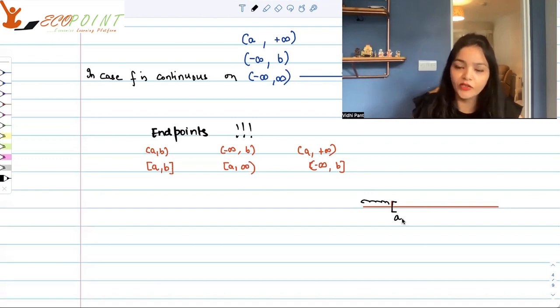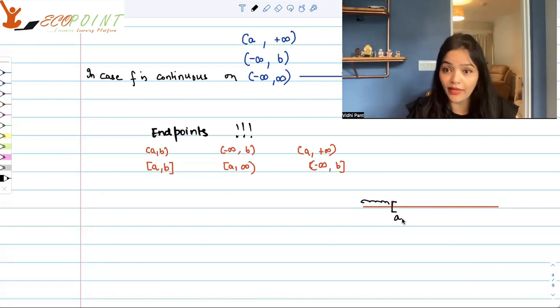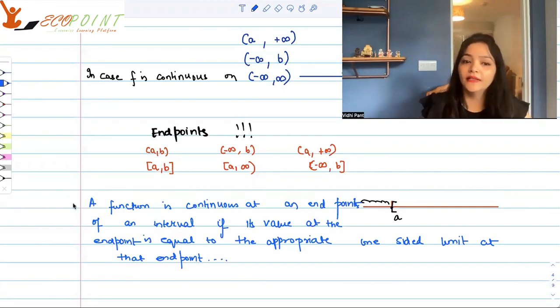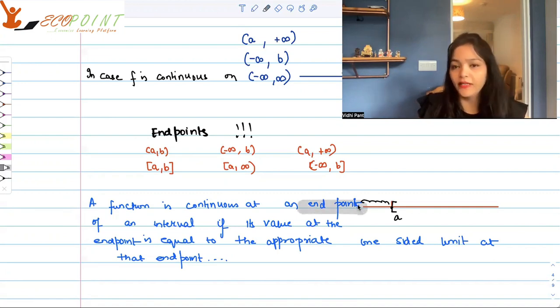So to remedy this problem at the endpoints, we just talk about one-sided limits at the endpoints. Essentially, a function is continuous at an endpoint of an interval if its value at the endpoint is equal to the appropriate one-sided limit at the endpoint.